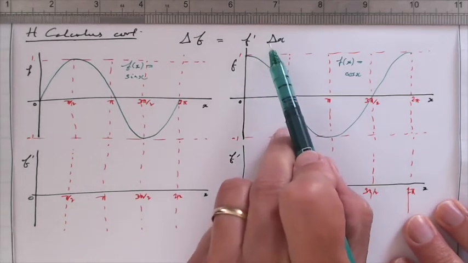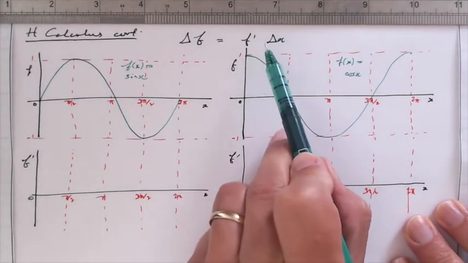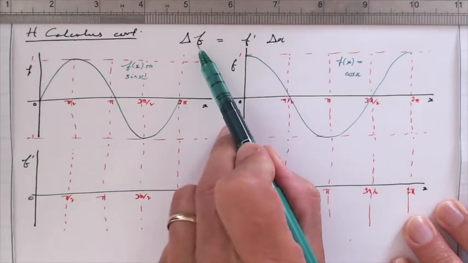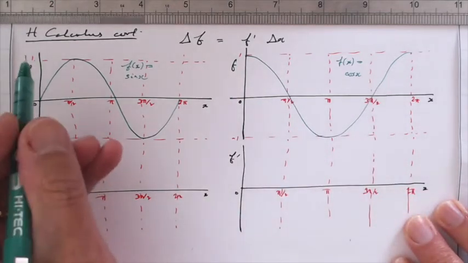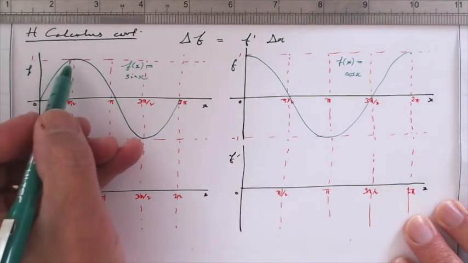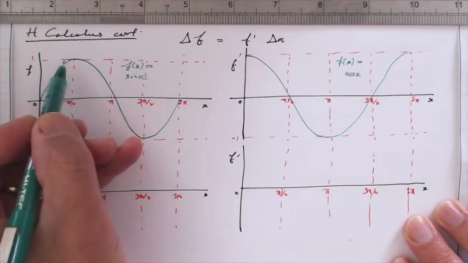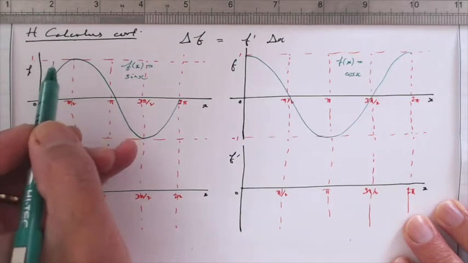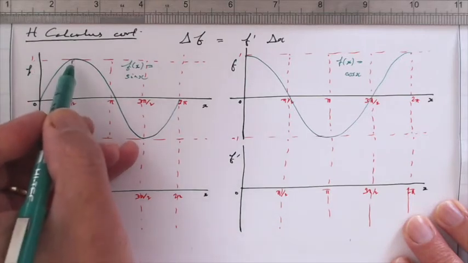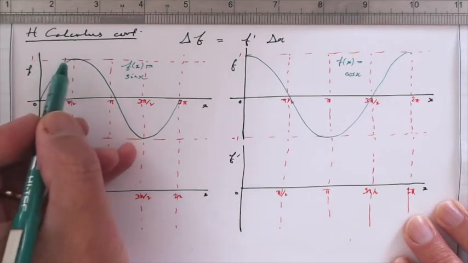Remember, the derivative relates the change in x to the change in f, and wherever I have a curve that essentially has a turning point, then my derivative is very small, and in fact 0 directly at the maximum or minimum.